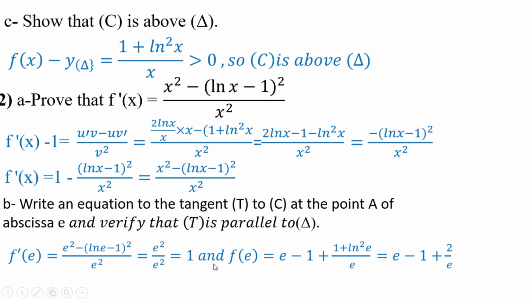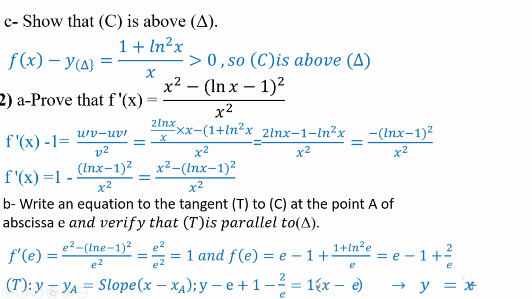We have to calculate f of e because the equation of the tangent is y minus y point equals slope times (x minus x point). So we have to calculate the y of that point. The y of the point is f of e because the point belongs to the curve of the function. f of e equals e minus 1 plus (1 plus ln squared e) over e. ln e equals 1, ln squared e also equals 1, then e minus 1 plus 2 over e.